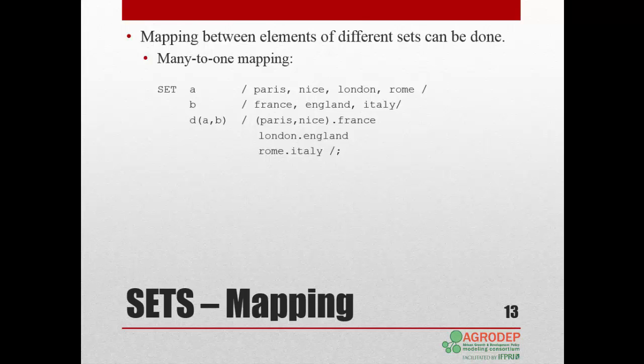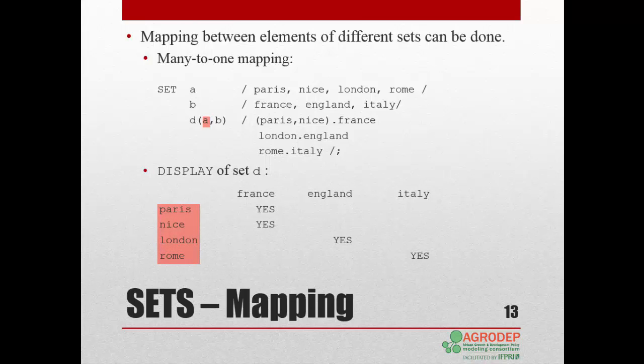In this case, the first term of the match, the two cities, Paris and Nice, are in parentheses and separated by a comma. They are linked to France by a dot, as before. When we display set D, we obtain a logical table with set A as rows and set B as columns. But now, the keyword yes signals that two rows are matched to the column France.